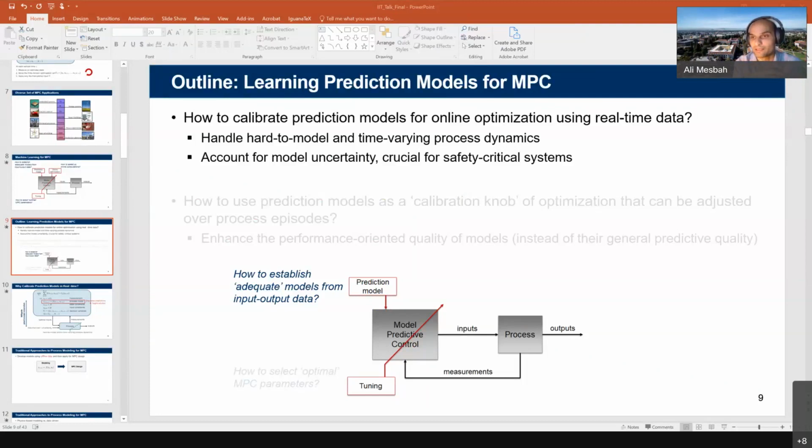So then the point is, you not only want to learn prediction models, but also quantify the uncertainty associated with these prediction models. And the second point is that you want to leverage these uncertainty descriptions that you have learned using real-time data toward guaranteeing constraint satisfaction. In this way, you can enable safe learning, right?